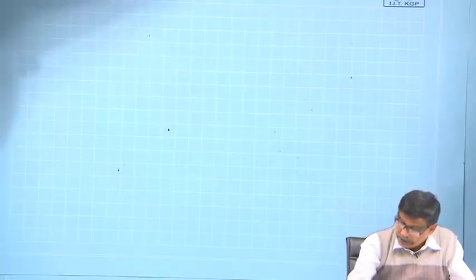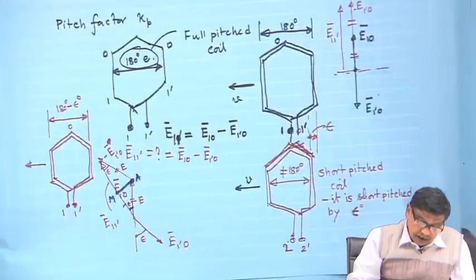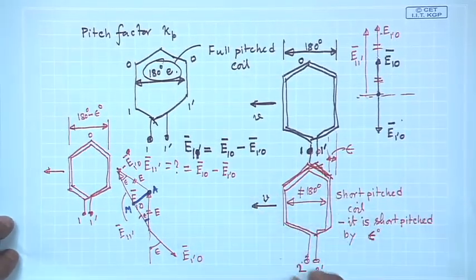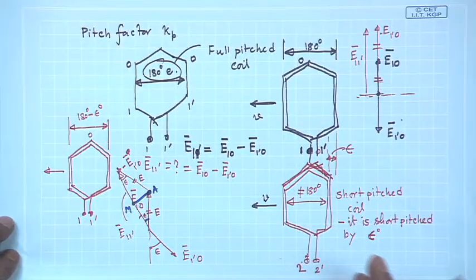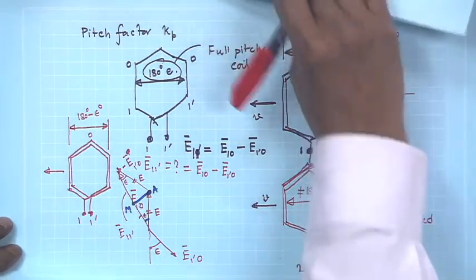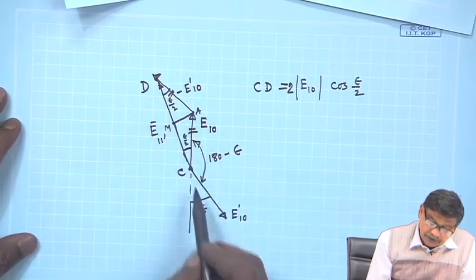But before that, I wanted to find out that if somebody has made not a full pitched coil but a short pitched coil, then the induced voltage, by what factor will it be reduced? If you compare it with this, this is the diagram we drew last time.